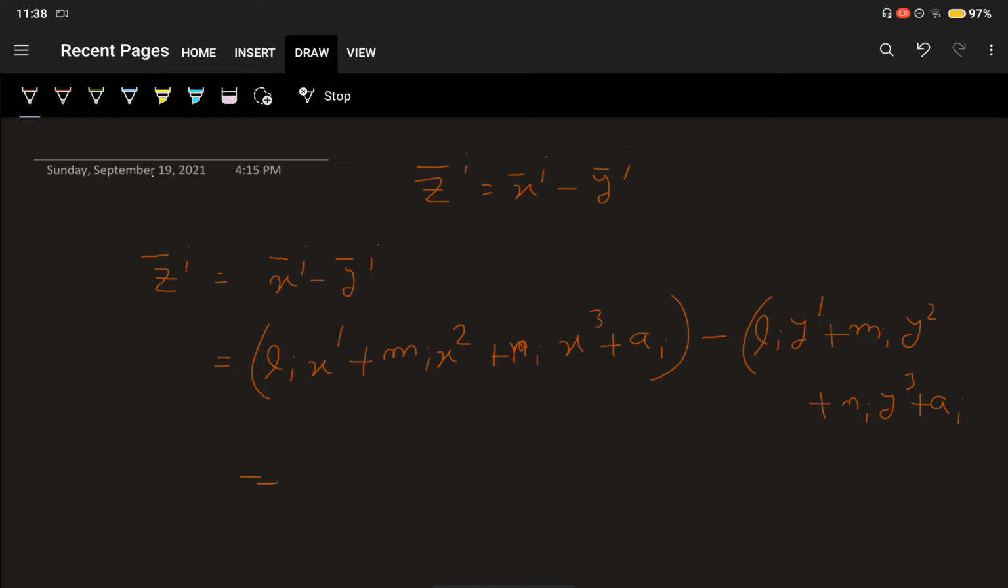Ultimately we get li z1 plus mi z2 plus ni z3, where z1 is x1 minus y1, and so on.